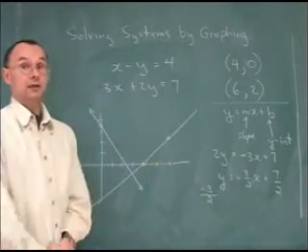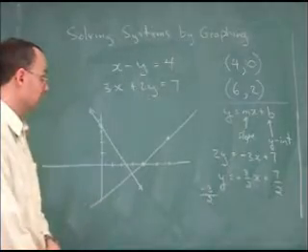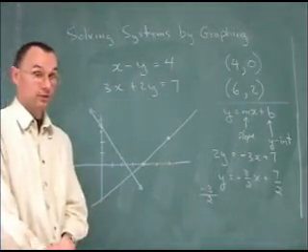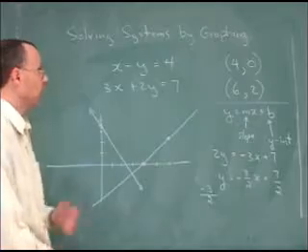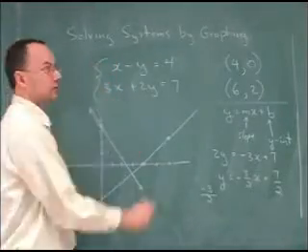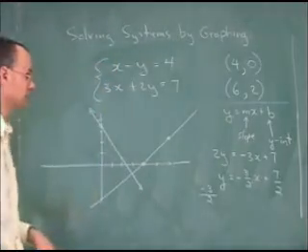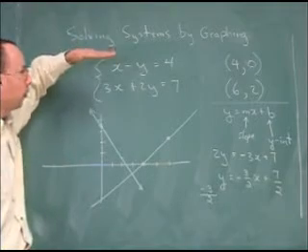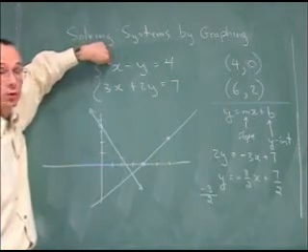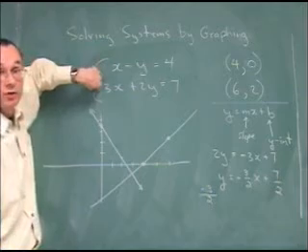And now we're ready to make our analysis and what we believe the solution is. What we're looking for when we're given a system of linear equations is a point that makes this equation true, but also makes this equation true.